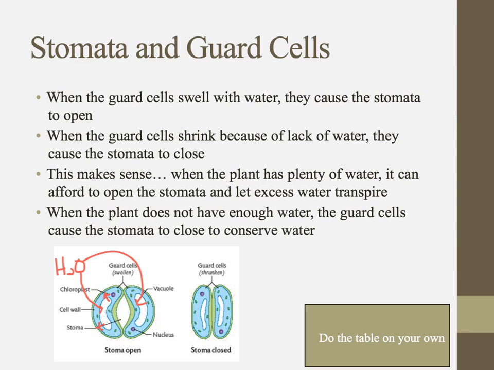It's going to exert a lot of pressure on the plant cell itself. That turgor pressure is going to cause the plant cells to become curved. So these guard cells are going to curve due to all the pressure on the inside. When they're curved like that, it opens the stomata.